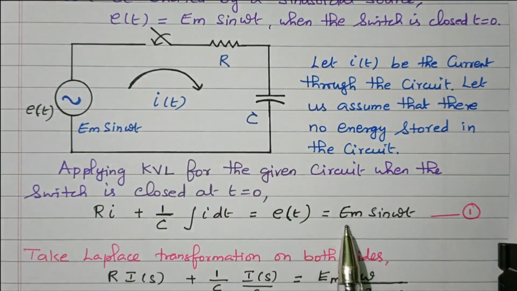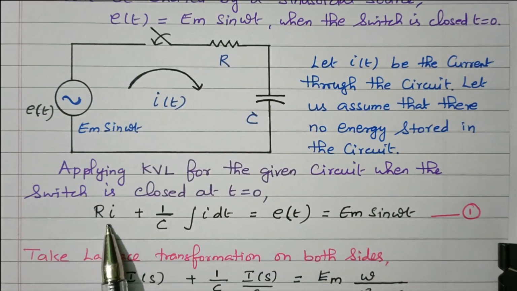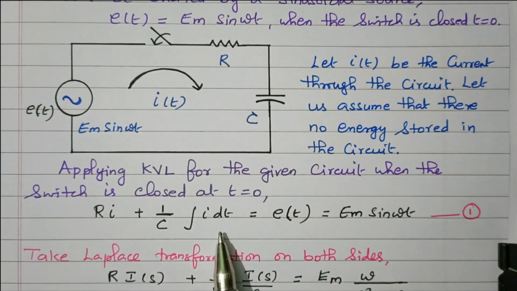So based on that, Em sin omega t, this is the voltage applied or voltage rise, that is equal to voltage drop across resistor R into I, plus voltage drop across the capacitor 1 by C integral I dt. So this is the KVL equation from the given circuit. The applied voltage is Em sin omega t. We take this as equation number 1.